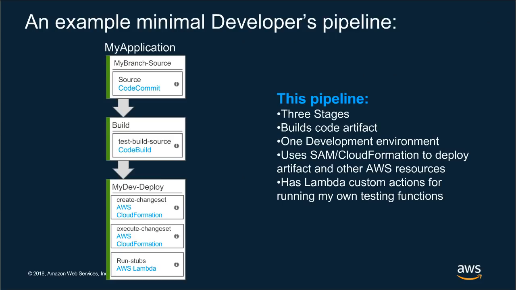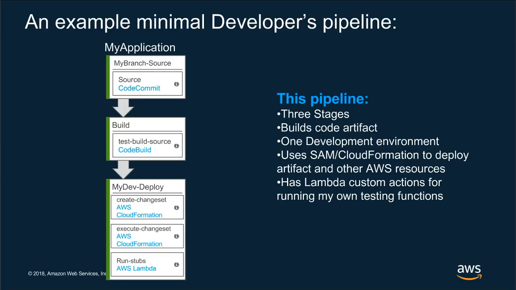This here is a very basic example of a developer's pipeline. In this case, this pipeline has 3 different stages. It takes code from a code repository. It then builds that code using, in this case, CodeBuild, which is another one of the services in our Code Suite. And then in this case, it's using the CloudFormation actions for create change set and then execute change set to then go ahead and deploy my application using SAM.